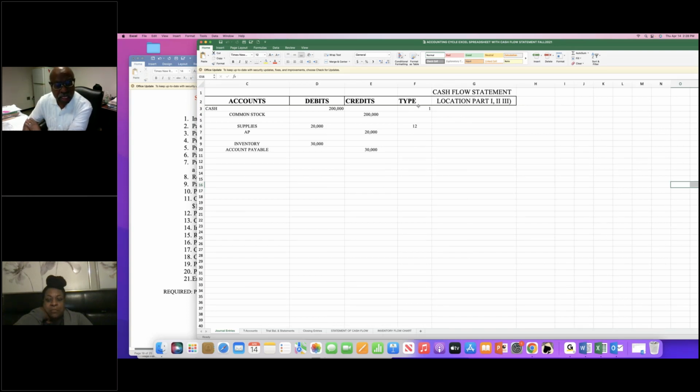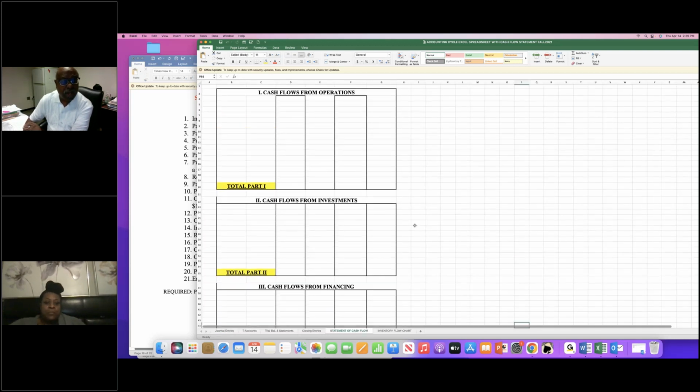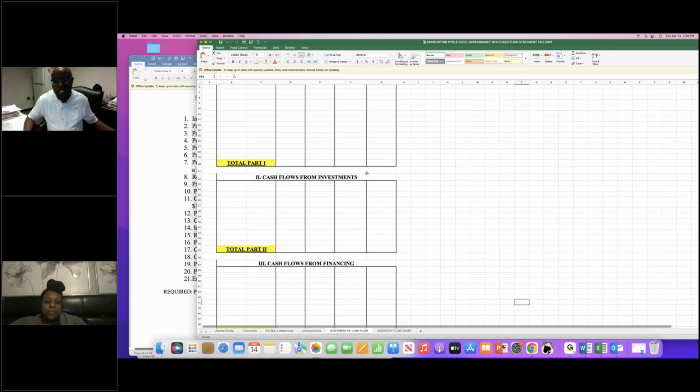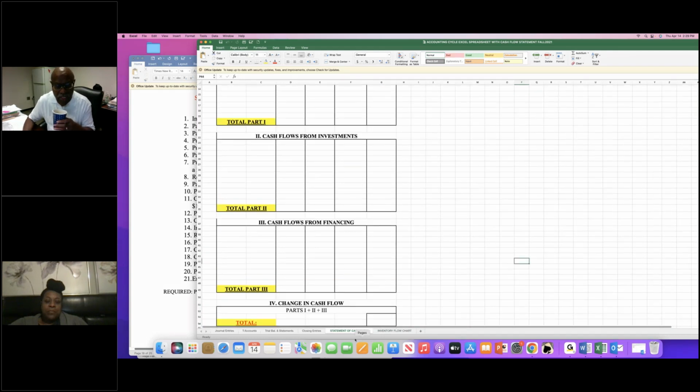You should make all of those journal entries here, putting the type down, and then putting whether it's on the cash flow statement or not. Then you have a sheet in there where you would work the problem. That's a statement of cash flow. That's an additional sheet, so this is what you should put the problem on. Got it?